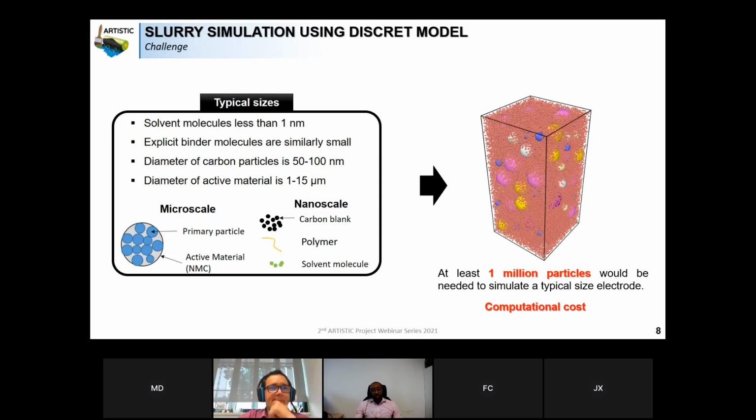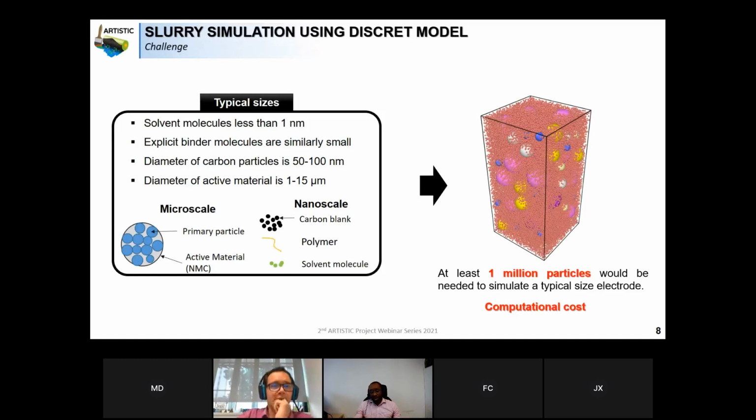In order to make a simulation, the first question is: can we simulate this kind of system, knowing that we have very small sizes for the carbon, solvent, and binder, and a bigger size for the active material? This is the first question that we need to answer. And the answer is, it depends, because if you want to simulate this, we have a huge amount of particles.